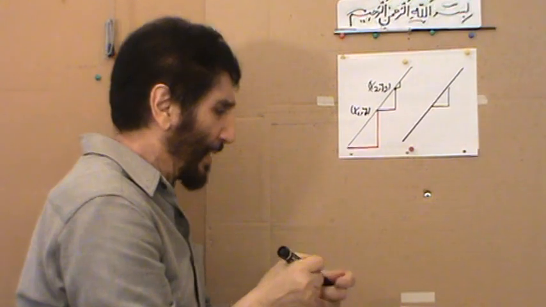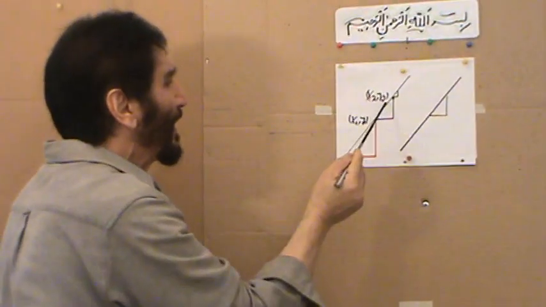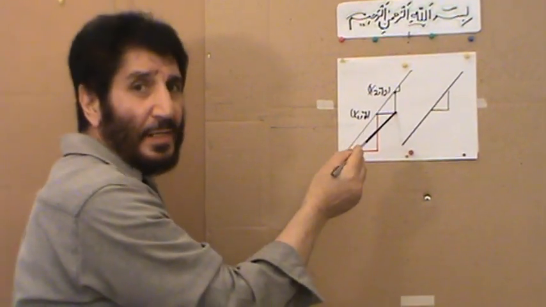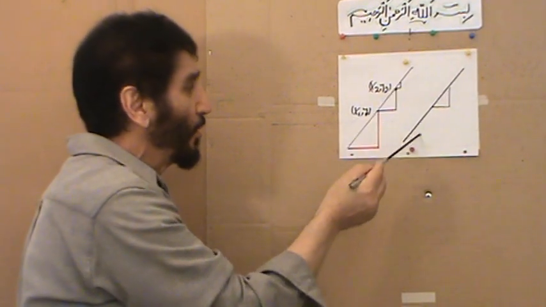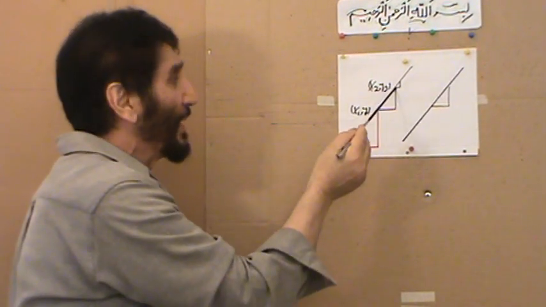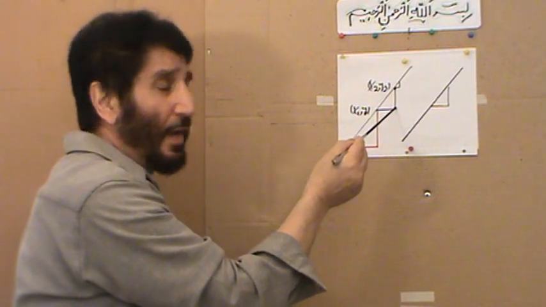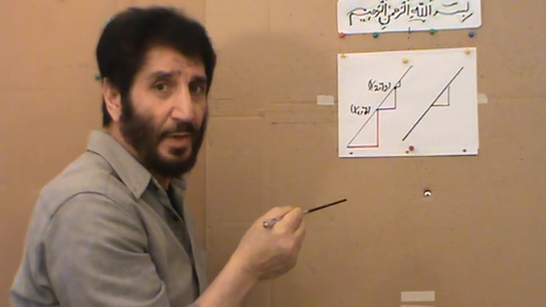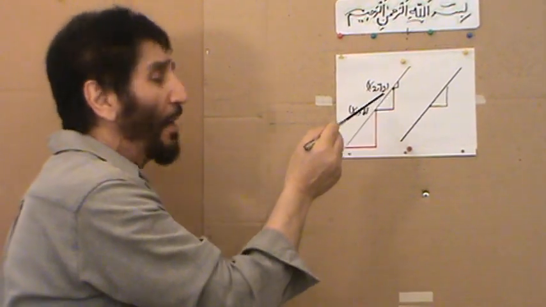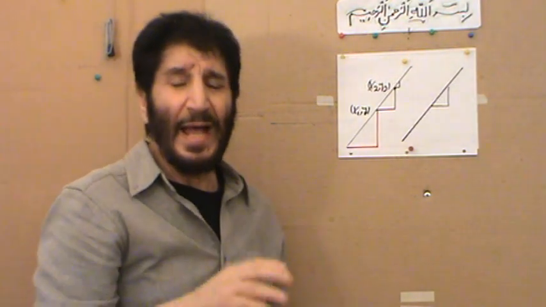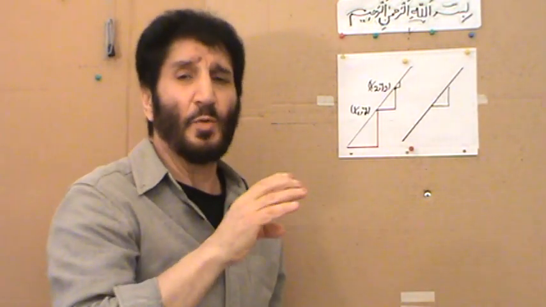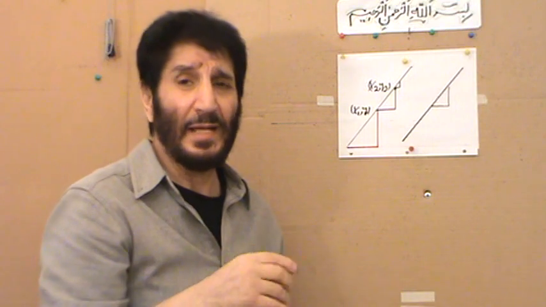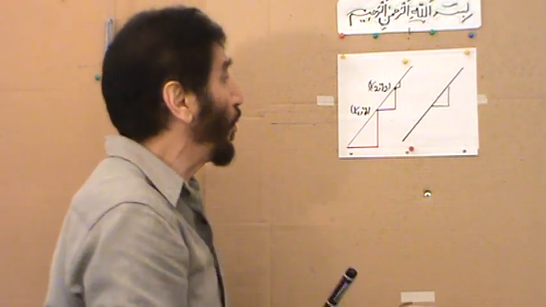Then this length will be y2 minus y1. Is that right? And the length of this side will be x2 minus x1. So let's use this triangle as a typical triangle, and since y2 minus y1 over x2 minus x1 remains the same for all other triangles, looks like we have reached one of our goals.